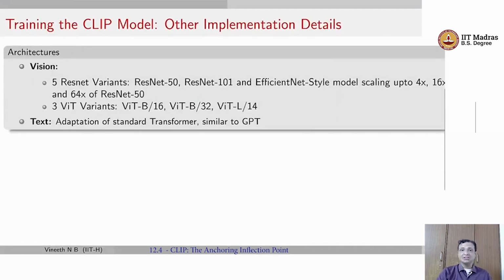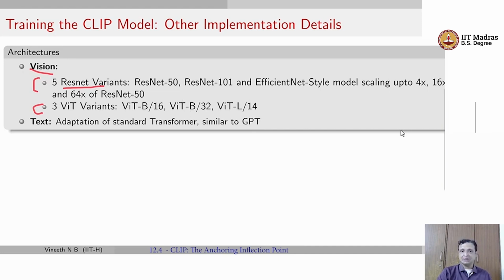What were the other design considerations that they had while training their model? For the vision encoder, they tried two lines of models, the ResNet line of models and the ViT or the Vision Transformer line of models. In the ResNet variants, they use ResNet 50, ResNet 101 and EfficientNet style models, where they scaled up to 4x, 16x and 64x of ResNet 50.